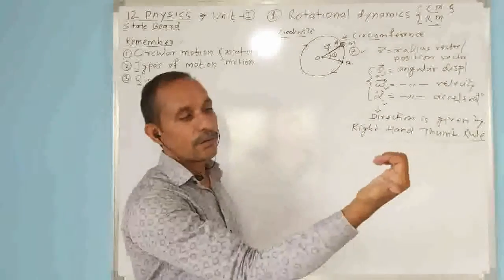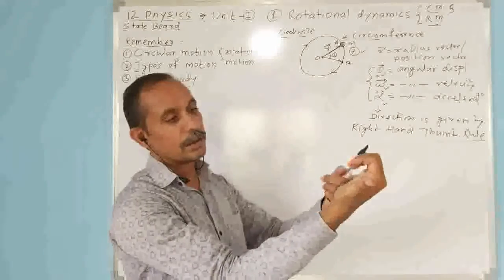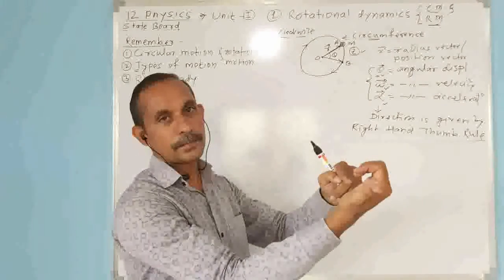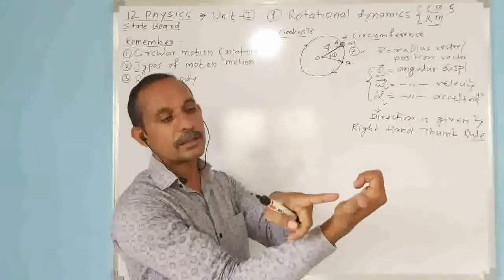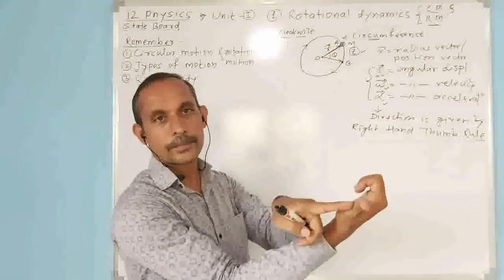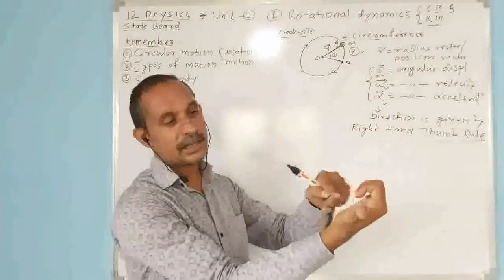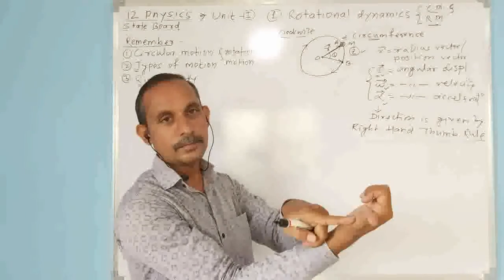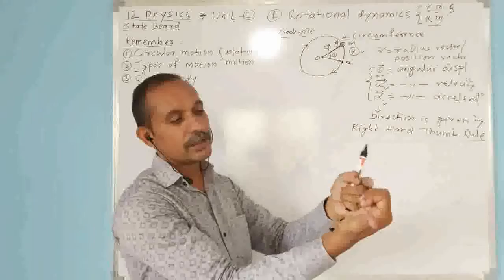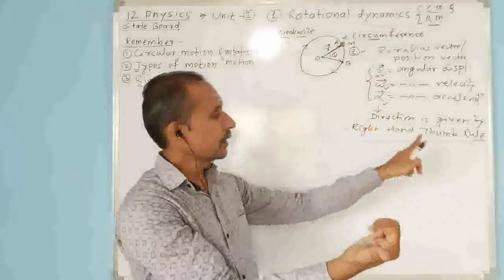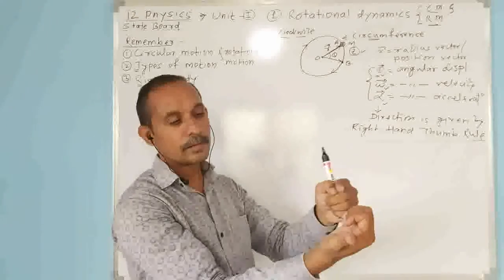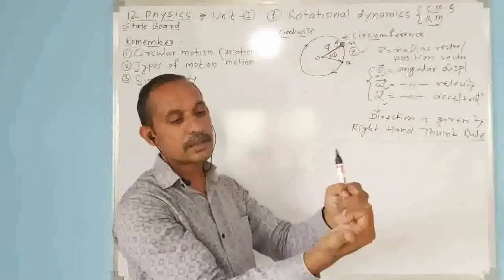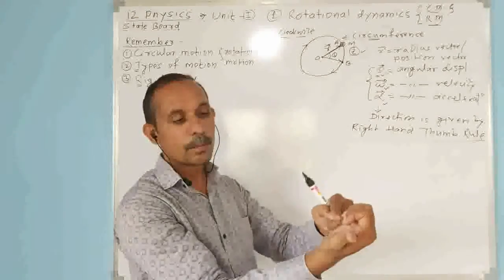Curl these four fingers and stretch the remaining finger, the thumb. In this thumb rule, the curled fingers show the sense of the circular motion.